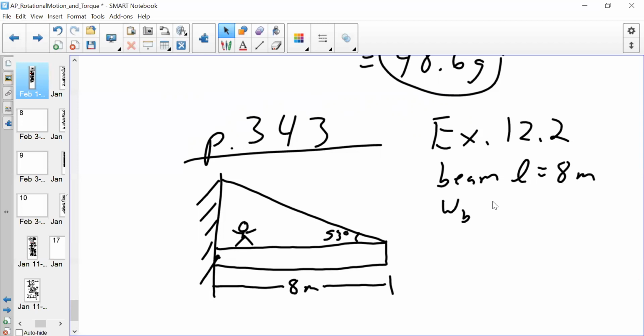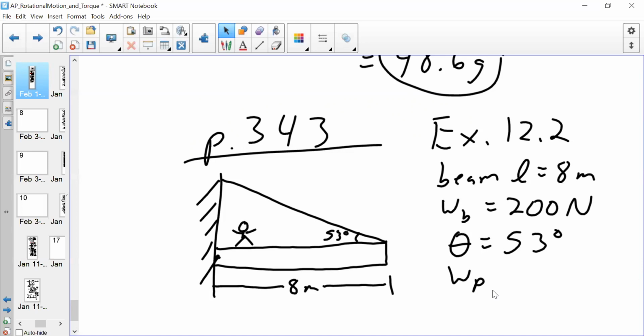So the weight of the beam is 200 newtons. Again, that's going to be at the center of the beam itself, because the center of mass, the center of gravity, is going to be well at the center. Theta 53 degrees, or we idealize this beam as if all of the weight was collapsed at the center.